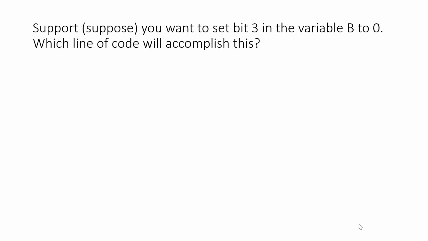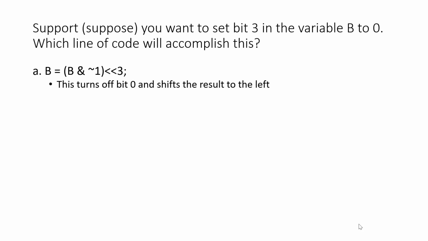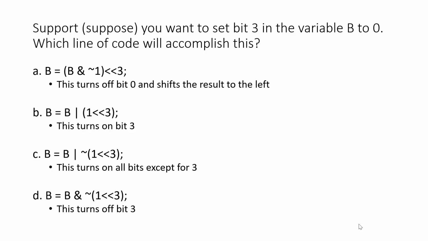Okay, suppose you want to set bit 3 in variable B to 0. What line of code will accomplish this? So we have 4 options here. Usually the way you do that is, if you want to set a bit to 0, use an AND, right? Not an OR.